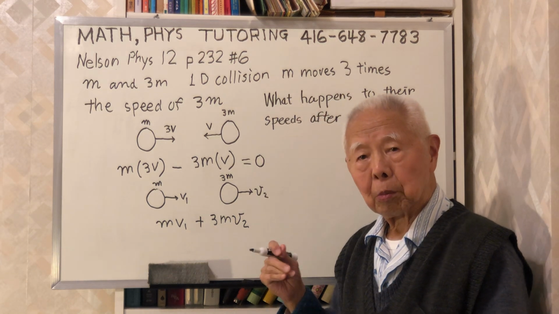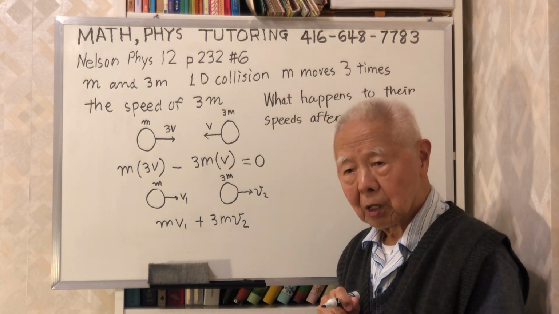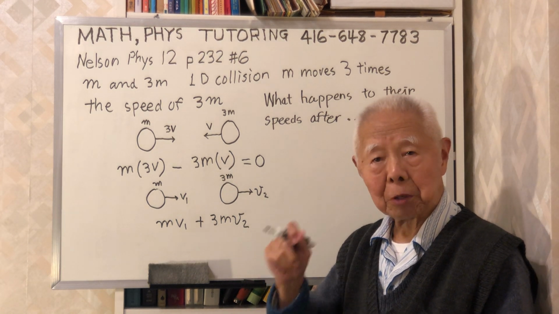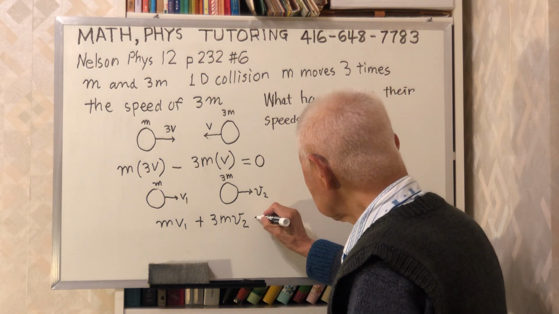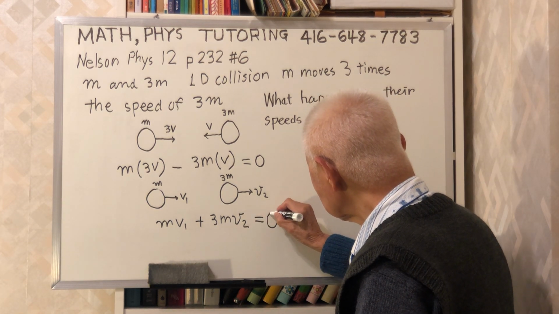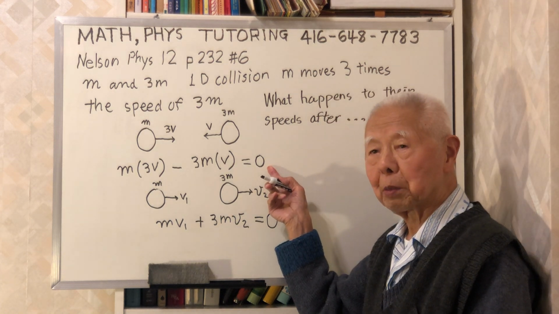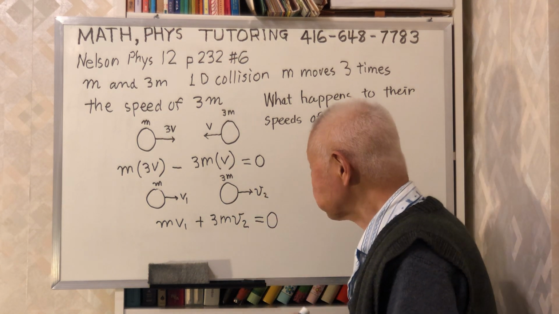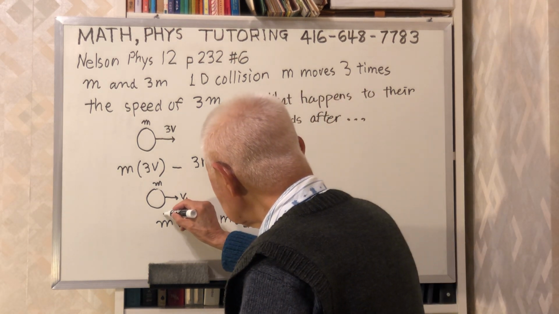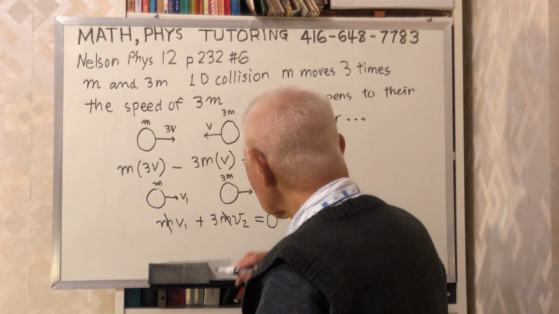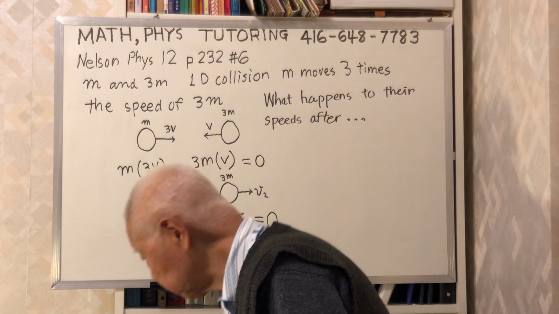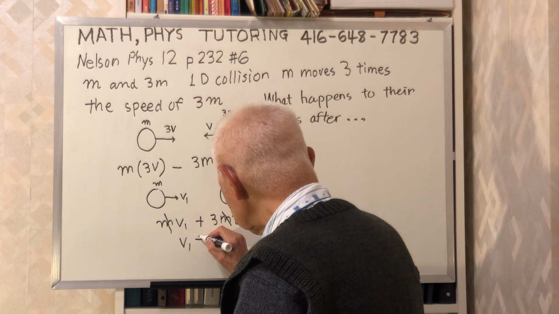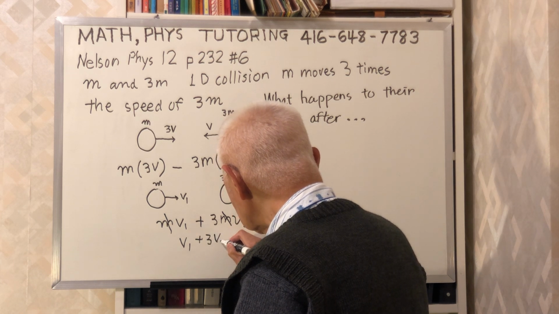This is the momentum after collision, but the momentum after should equal the momentum before. Therefore, 0. Before collision, the total momentum is 0. So after collision, the momentum is still 0. I cancel the m. So I have v1 plus 3v2 equals 0.